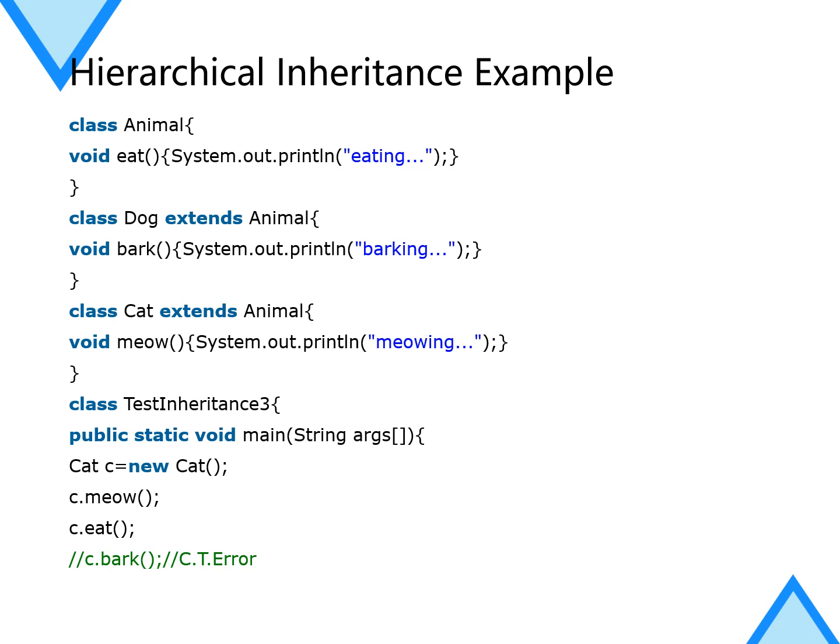Dog is not the parent class for the cat class. So if we want to call this method with the object of cat, definitely we will receive an error message. This is the output of the hierarchical inheritance example.